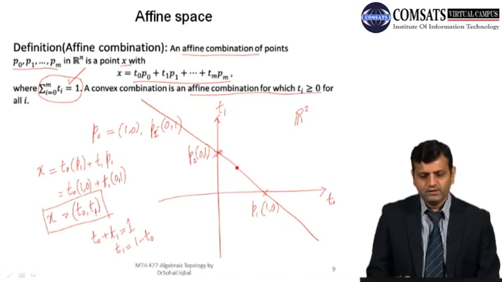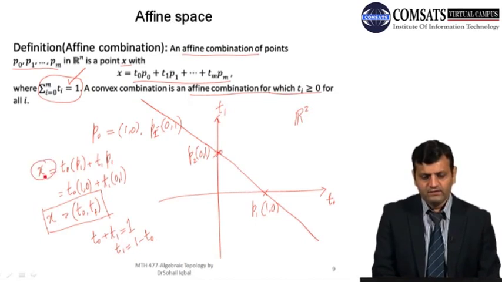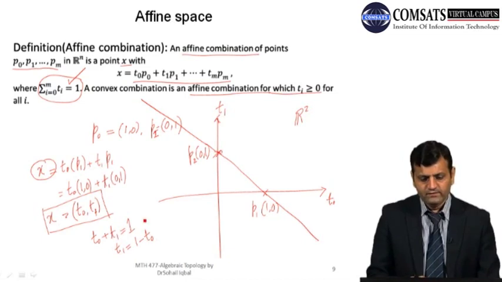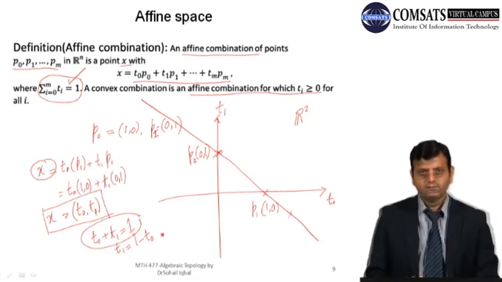In other words, X is an affine combination of these two points if we have this condition, T0 plus T1 equal to 1. The condition on T0 and T1 suggests that the points X, which are the affine combinations of P0 and P1, are basically points on this line.